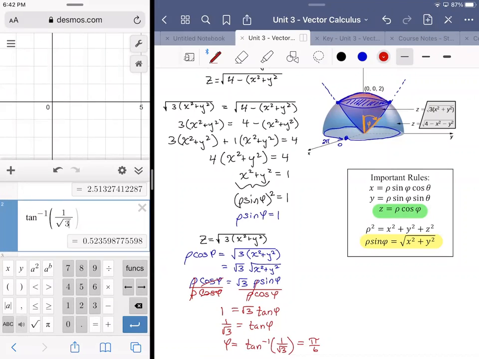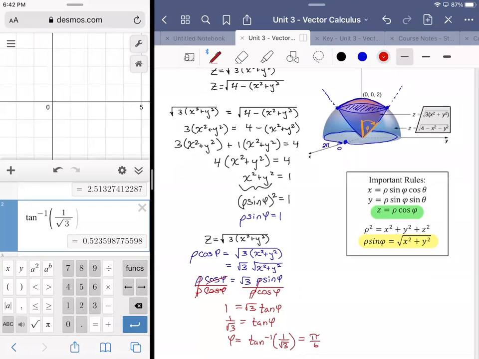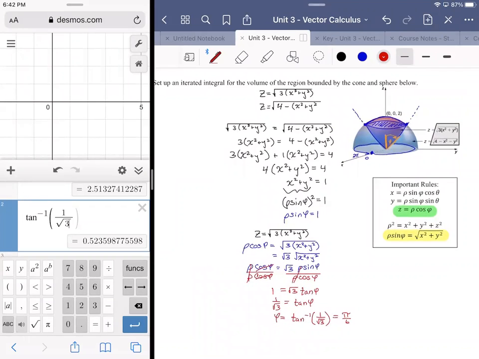So if I'm looking for the rho value, and we do need to know the extent of this in terms of rho, although common sense tells us based on the fact that they very nicely labeled the graph for us, but they very easily might not have.